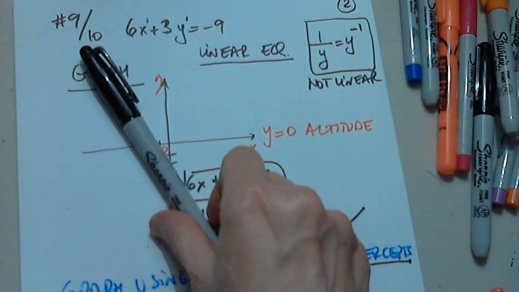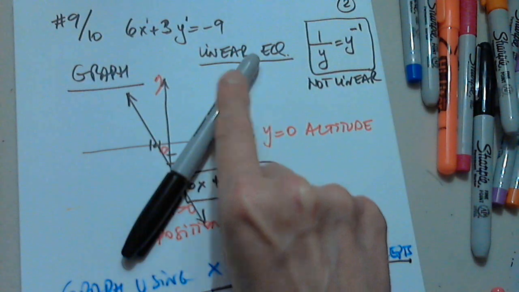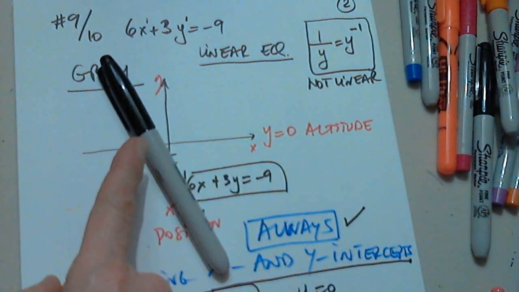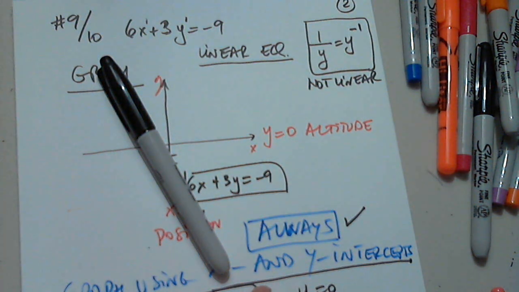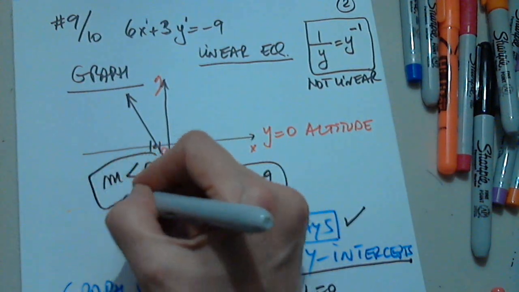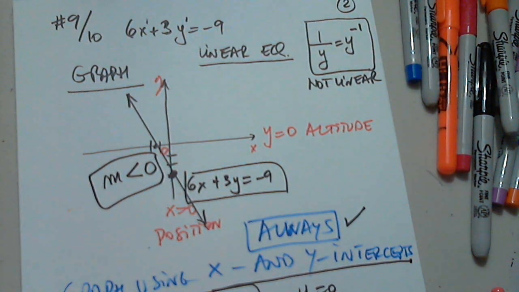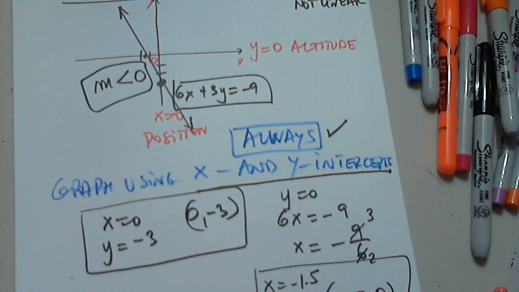And I notice that the graph goes this way, not this way, which means it's a decreasing function. It's coming from positive infinity and it's going to negative infinity. So the slope of this line must be negative. Any questions so far? Any questions?